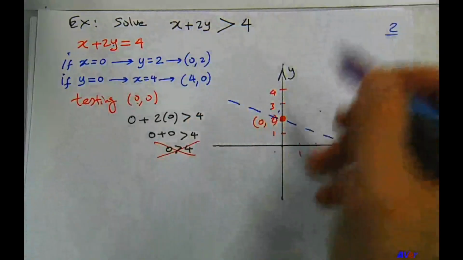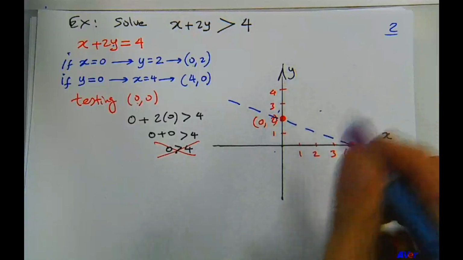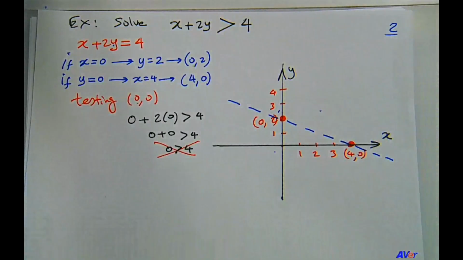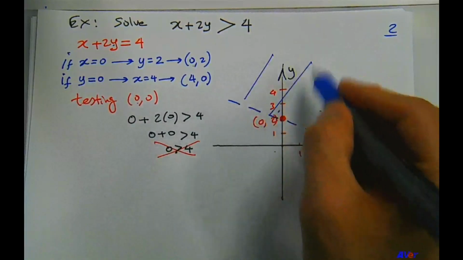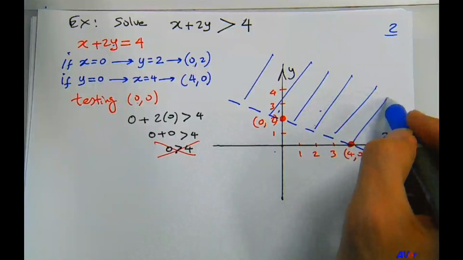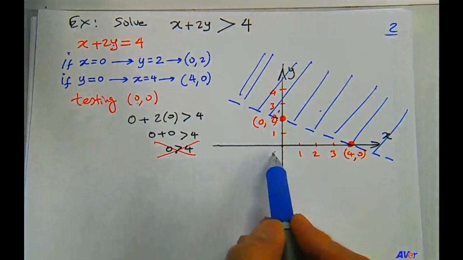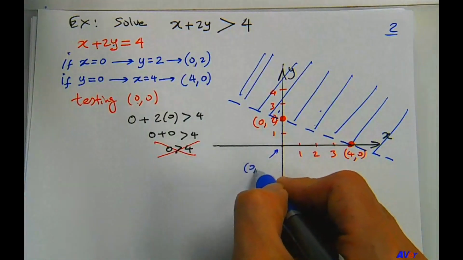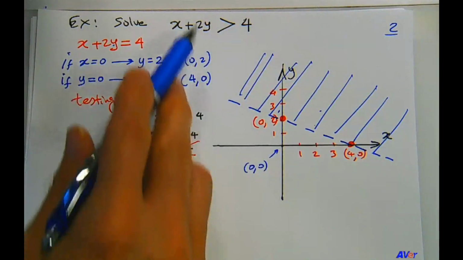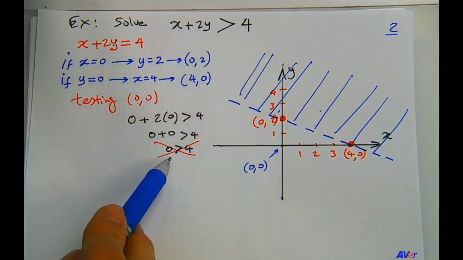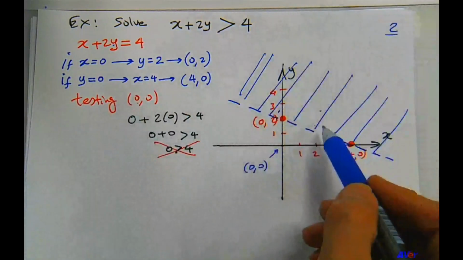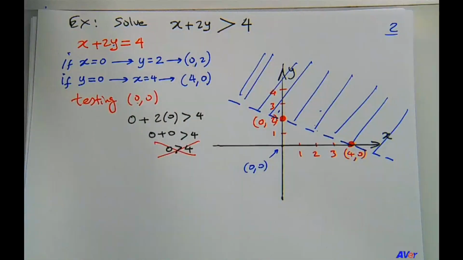That means the opposite side of this boundary line is the solution. So our solution is that side, because the test point (0, 0) did not make sense when plugged in.